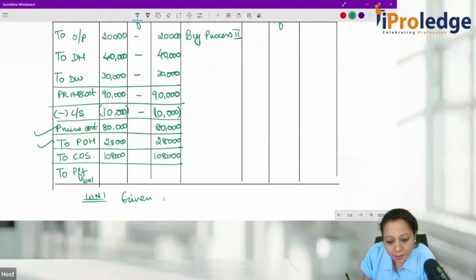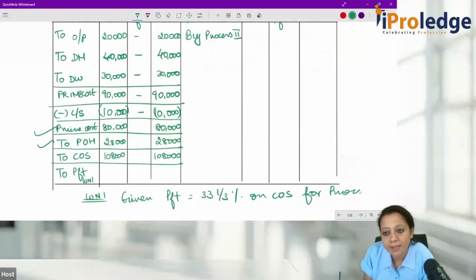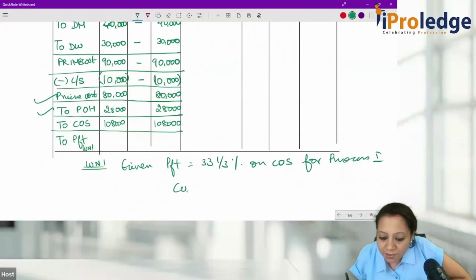Given, profit is going to be 33 1 by 3 percent on cost of sales for process 1. Given in the question. So what is the cost of sales? Cost of sales is going to be 1,08,000.